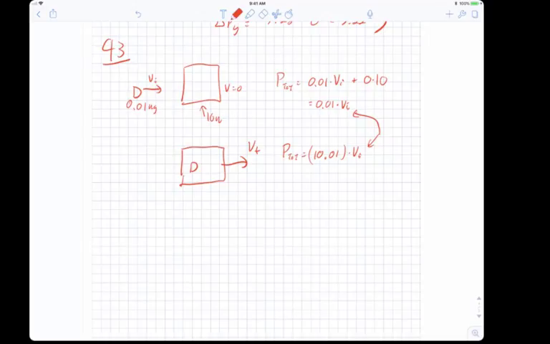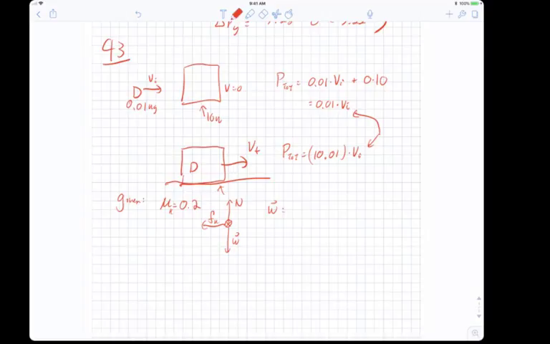Now, let's suppose I'm given that the coefficient of kinetic friction on the table is 0.02. Free body diagram of this system: there's a normal force from the table, there's a friction force pushing this way, and there's gravity.